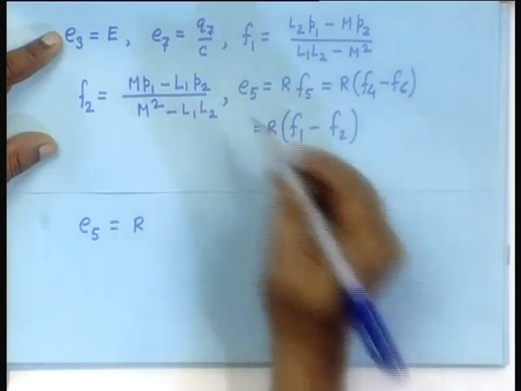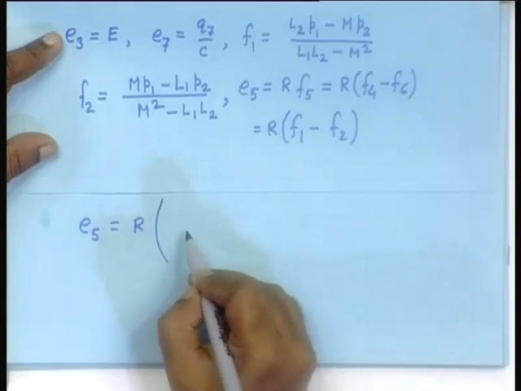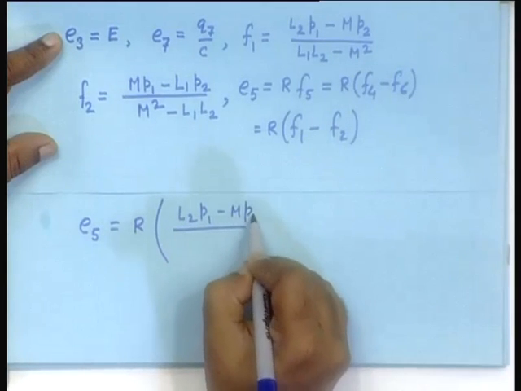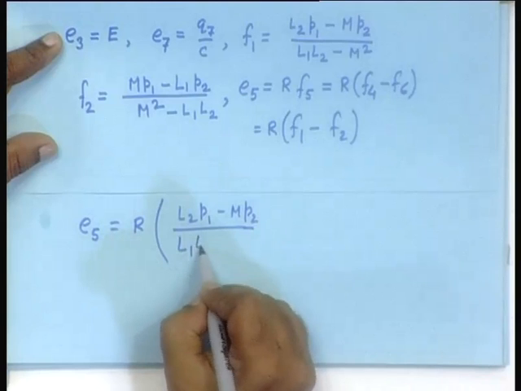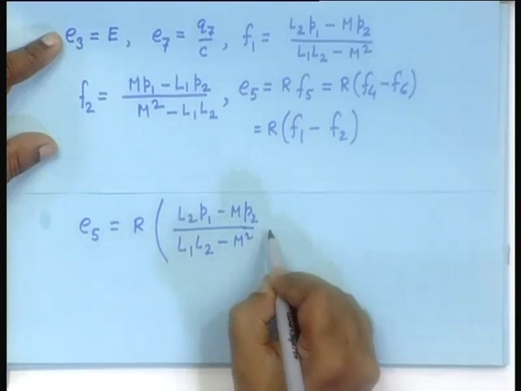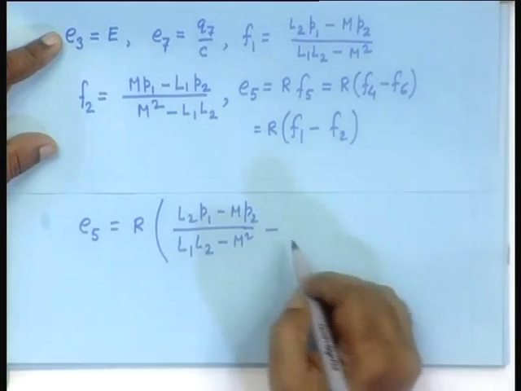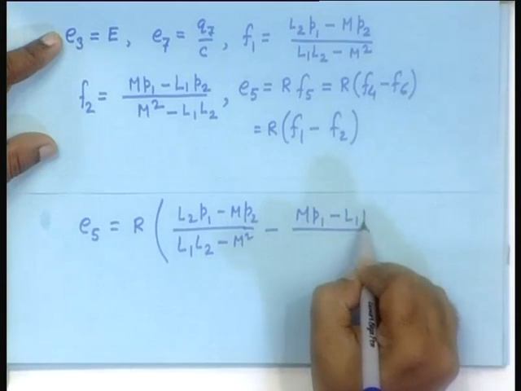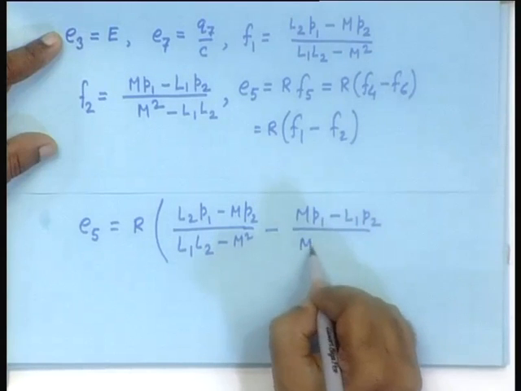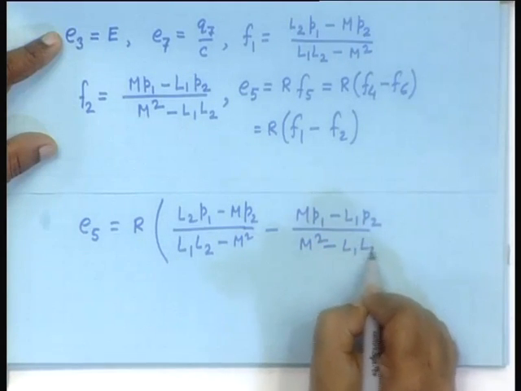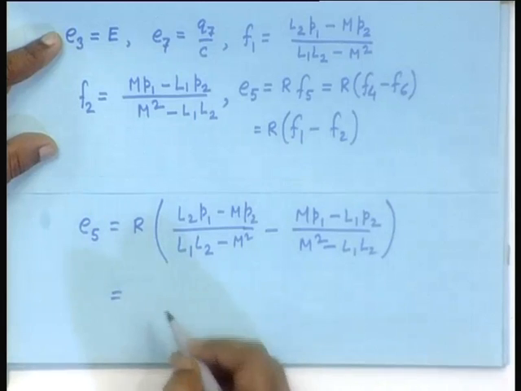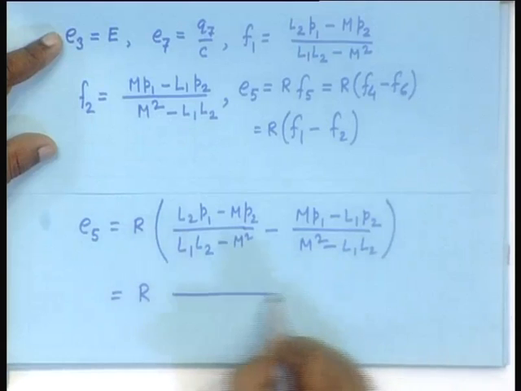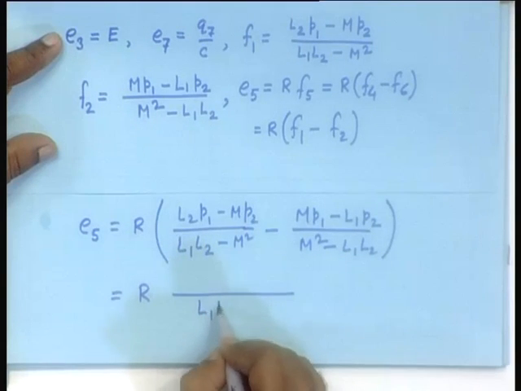So, if we substitute these two, it will be L2 P1 minus M P2 divided by L1 L2 minus M square, minus this fellow M P1 minus L1 P2 over M square minus L1 L2.